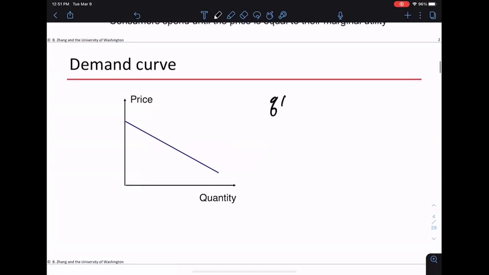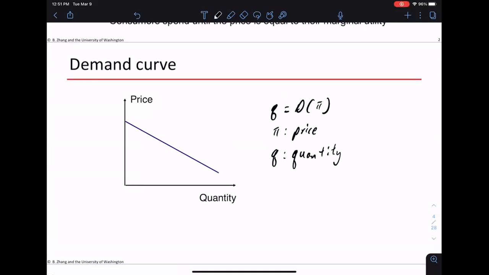And we have a demand function. The demand curve is really a function that relates quantity to price. So P is the price, Q is the quantity you're willing to buy.